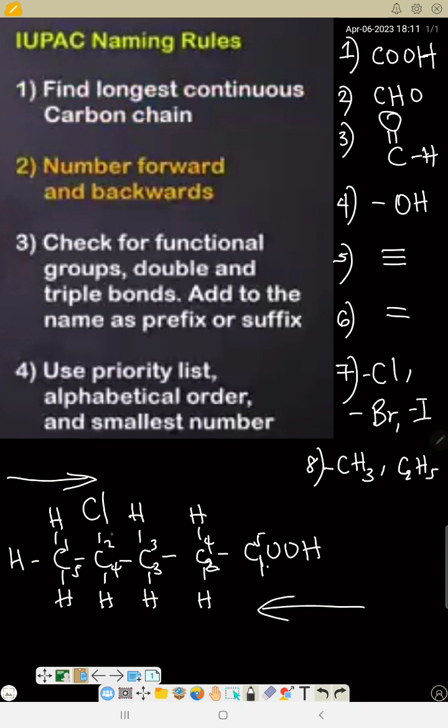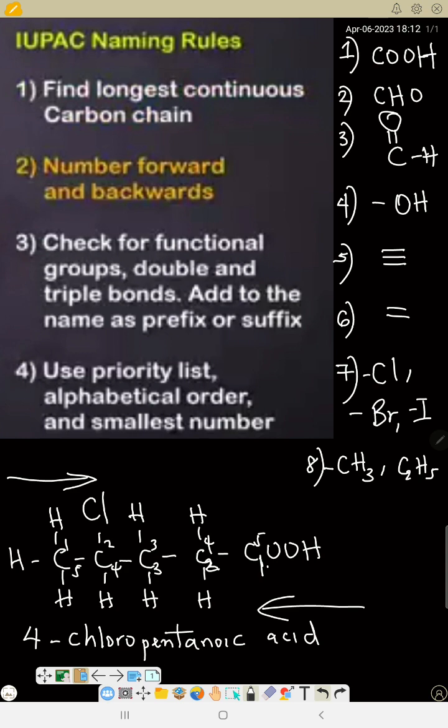You don't need to say dichloro. The 4 is the position of the chlorine, so our naming will be 4-chloropentanoic acid. I don't need to say pentanoic 1.